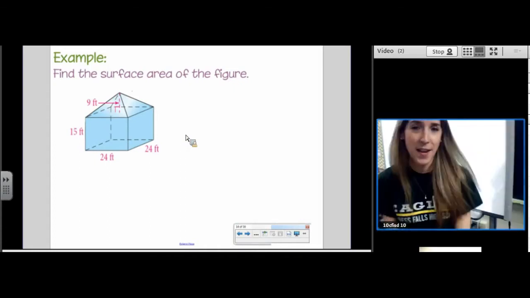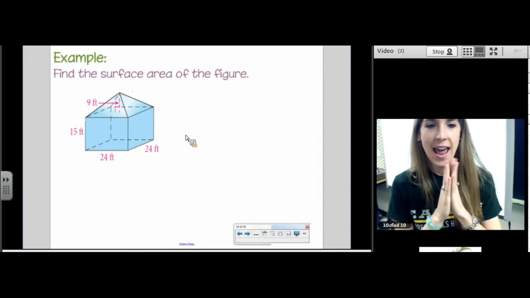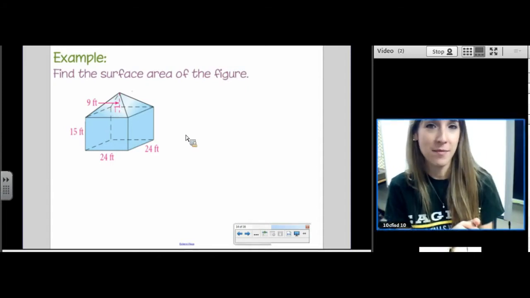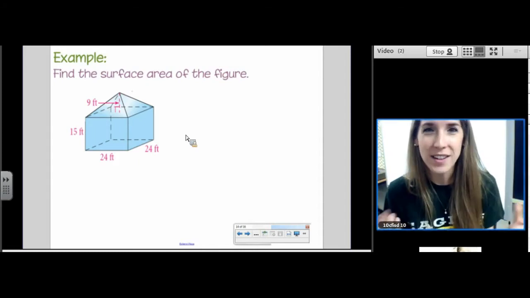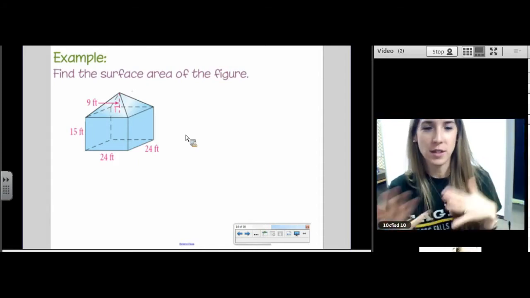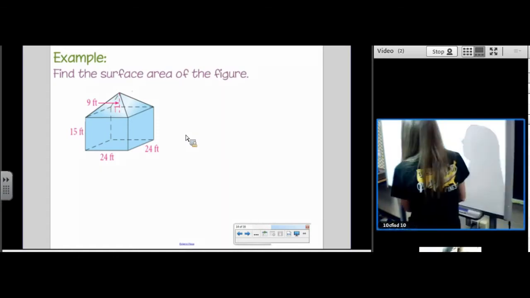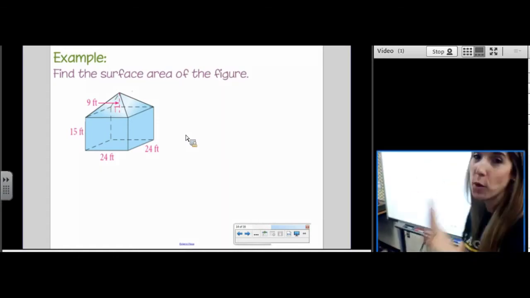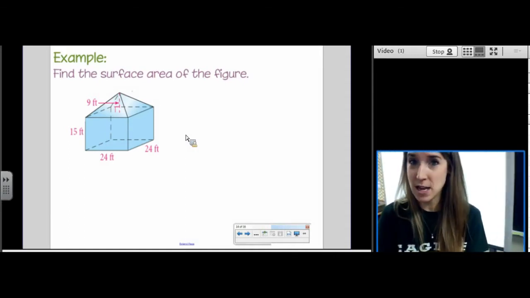So first we need to figure out a strategy. What is this figure made up of? This is a rectangular prism and a rectangular pyramid. Although they're squares because it's 24 by 24, but you know a square is a rectangle. To find the surface area, there are multiple ways to approach this, so don't get mad at me if I'm not doing it the same way you are.